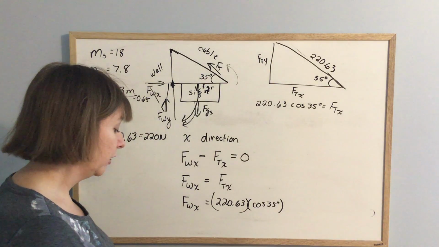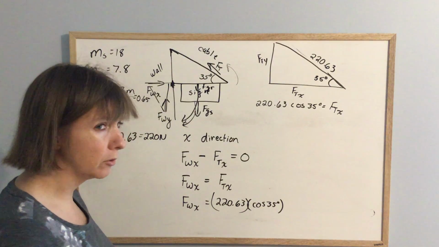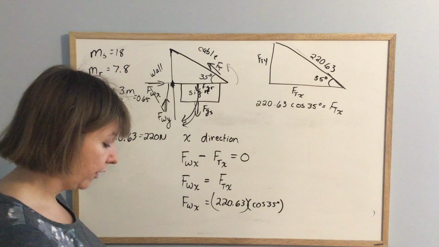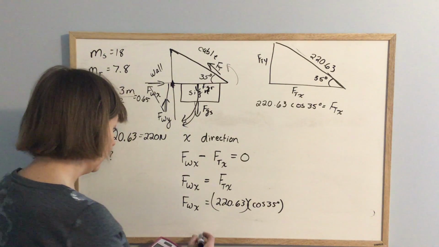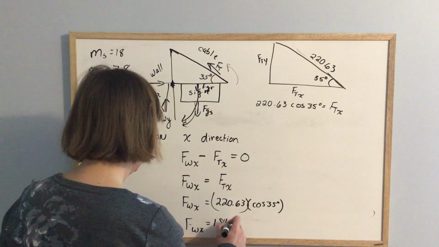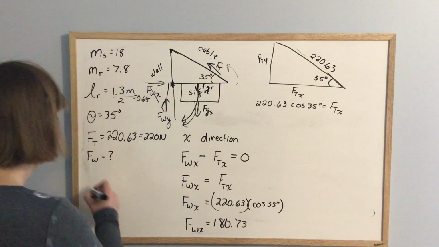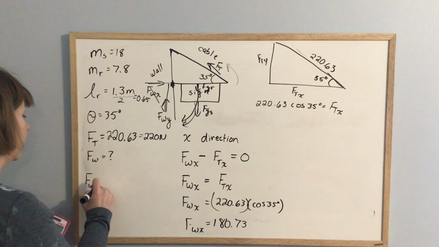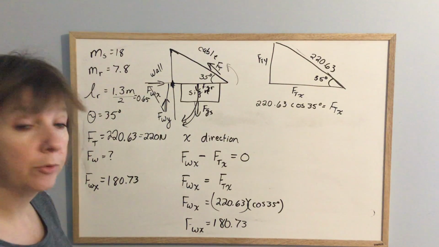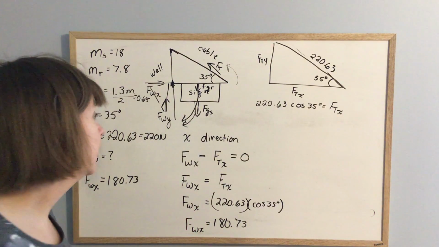So I'm going to take 220.63144485, which is in my calculator, and multiply it by cos of 35, and I'm going to get that the x component is 180.73. Okay, so the force of the wall, the x component, is 180.73. Normally I would just leave this on the board, but we're running out of space because I have a little itty bitty board.